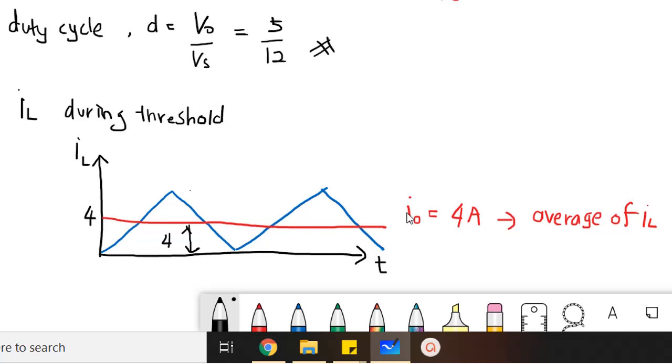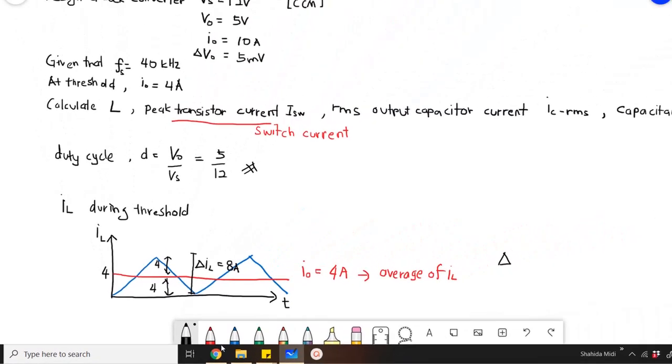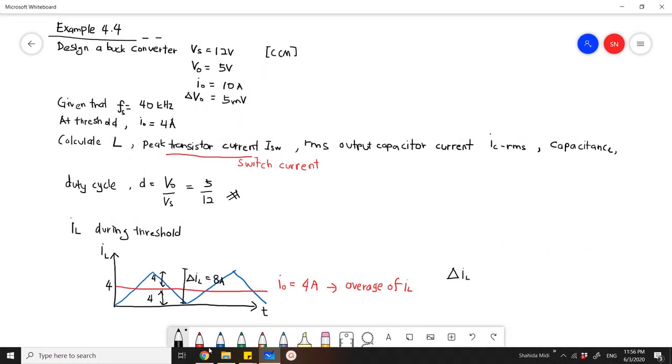So this height is also 4 ampere. If we add these two up, we have the ripple for the IL, which is 8 ampere. So the ripple for the inductor current is equivalent to 8 ampere. We are going to need that information later on.